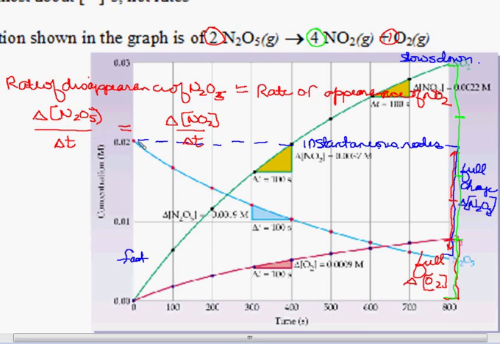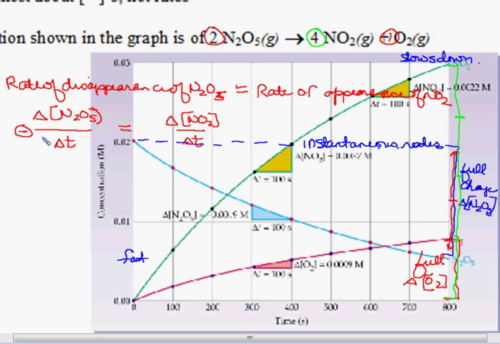In order to actually make these equal to each other, remember that the N2O5 is a negative slope because we're losing it. So to make it equivalent, we would put a negative sign in front. In addition, the N2O5 is decreasing 2 times to the 4 times the NO2 is increasing.